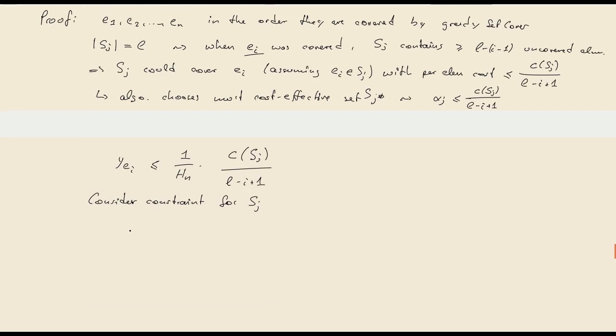And if you look back, the constraints in the dual, so we have to sum all elements in Sj, which means we would like to use this recurrence in any way.